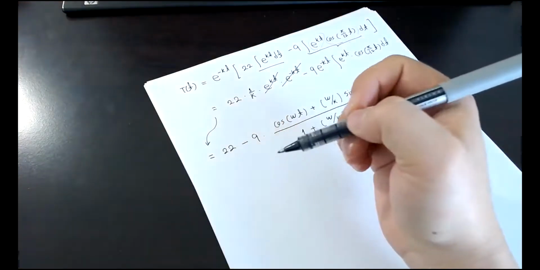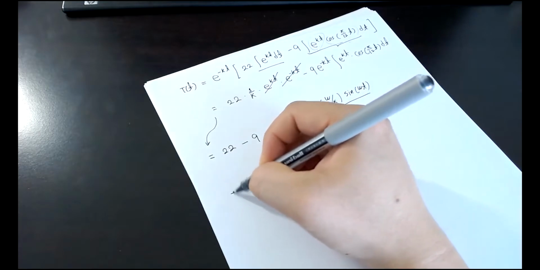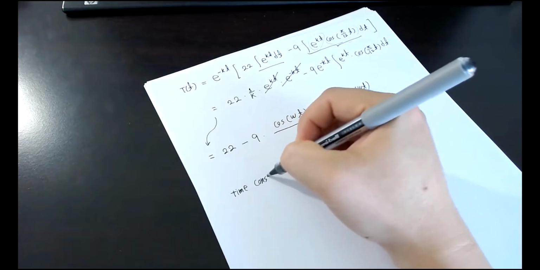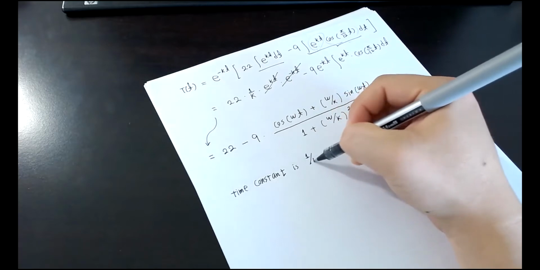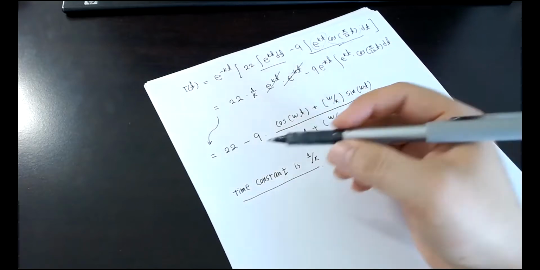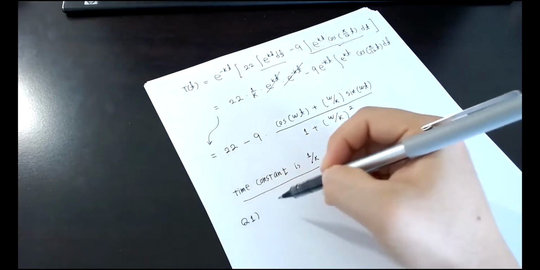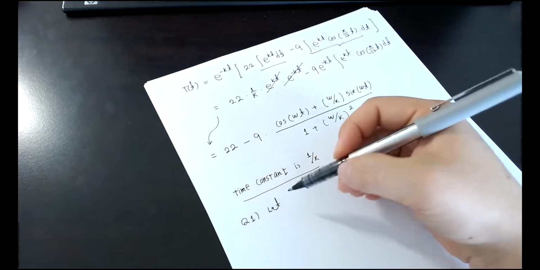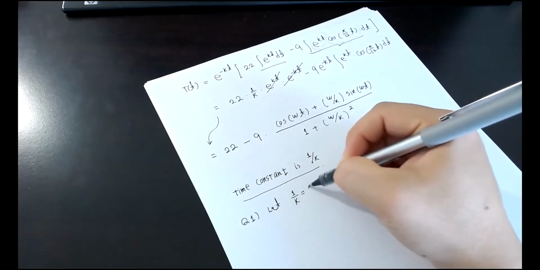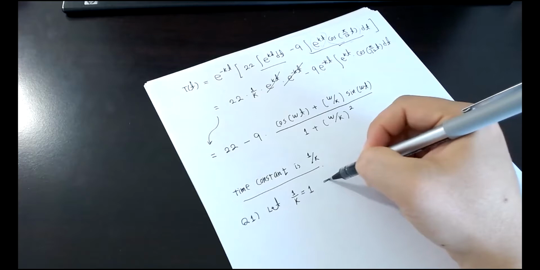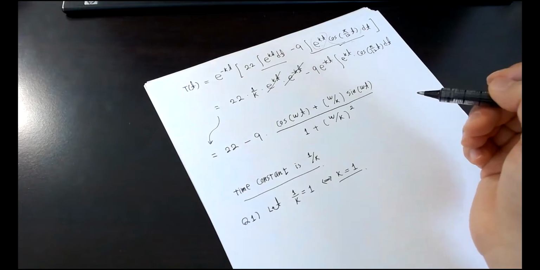Here, the time constant is 1 over K. So for the first question, they assume the time constant is 1 hour. It means that 1 over K is 1, so K is 1.